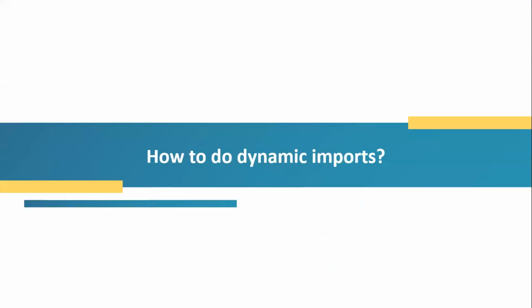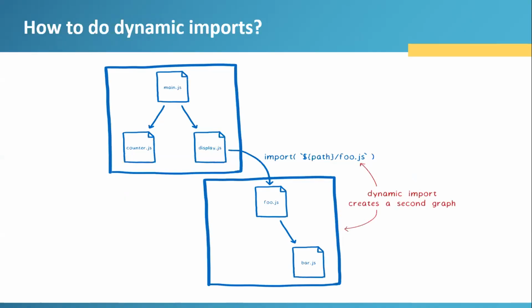The ECMA team gave us an API called import, which solves this problem. So how do we use this? We use import like this. Import takes a module name, and it starts a separate dependency graph from that particular entry point, and loads that code whenever it's needed.